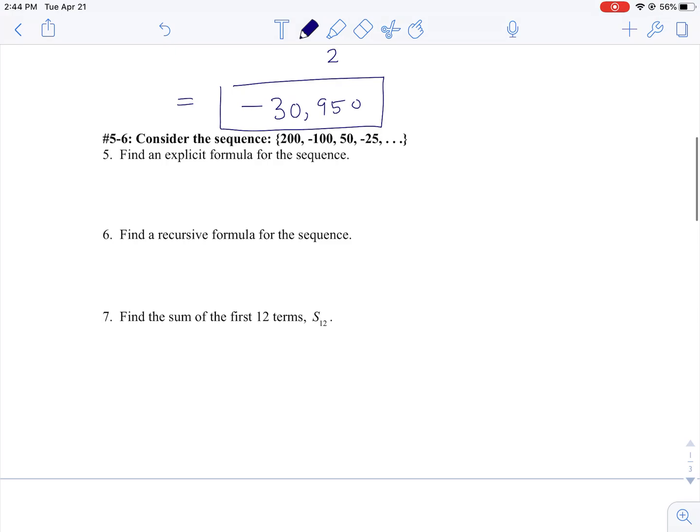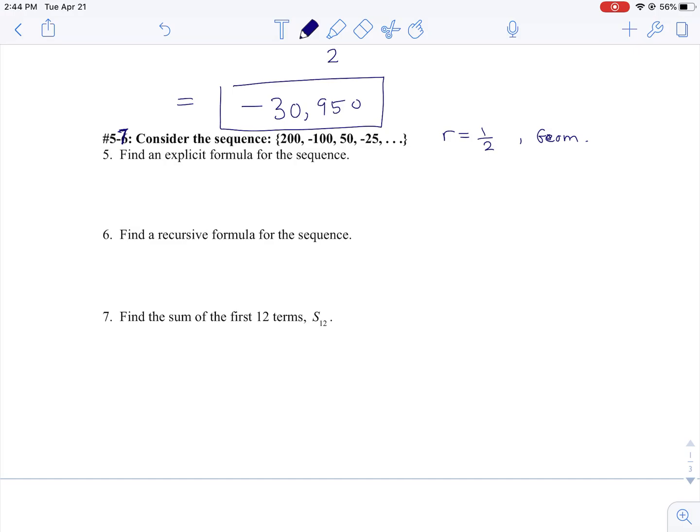All right, so if we look at the next one, it goes with 5, 6, and 7. There's my first typo of the day. Look at what you got there. You have to look at the pattern, and it looks like you keep multiplying by -1/2, so that's geometric, right?